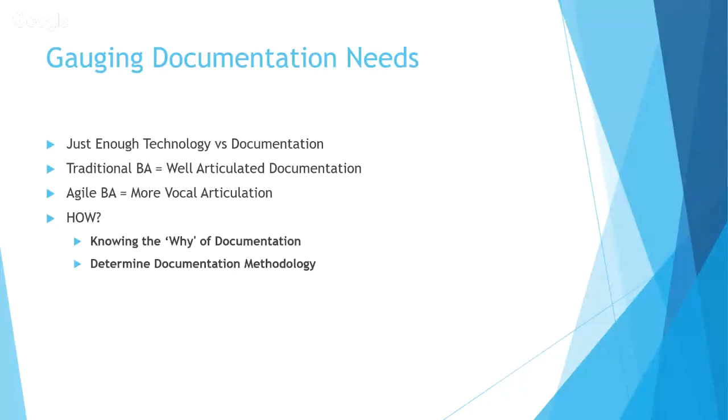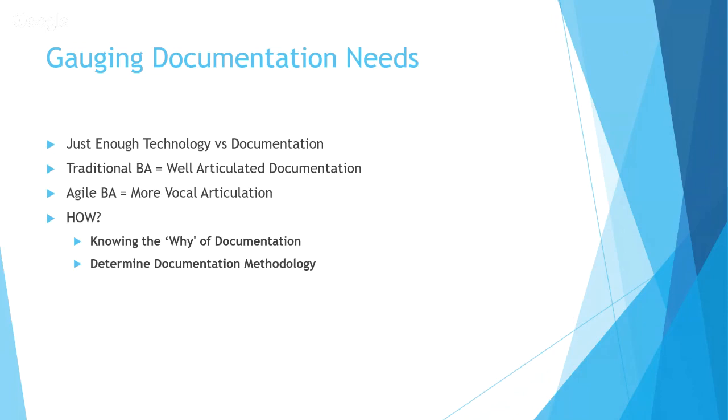They still need that articulation, but it doesn't all have to go into the documentation. It doesn't need to be on paper, but they need to have that understanding, and they need to be able to ask the right questions at the right time and get the right level of clarity needed from the business, and make sure that the development team understands that as well. So that articulation is still key, but it's a vocal articulation versus all on paper.